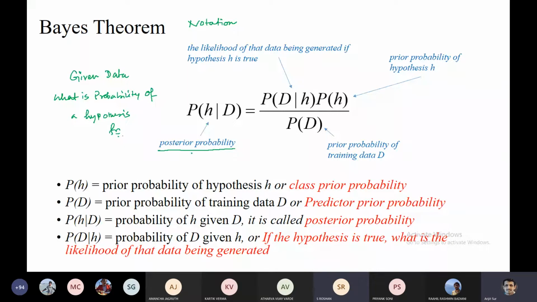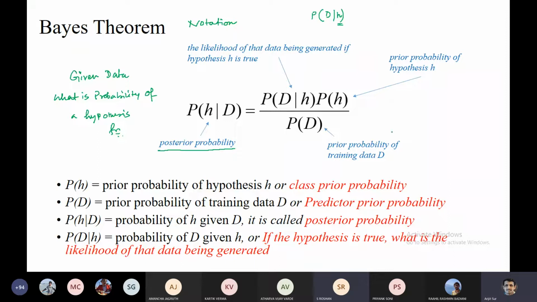Data is given; after knowing the data, what is the probability of each hypothesis? That's why it is posterior. Now this probability, P of D given H: the hypothesis is given, so what is the likelihood of the data being generated on the basis of this hypothesis?